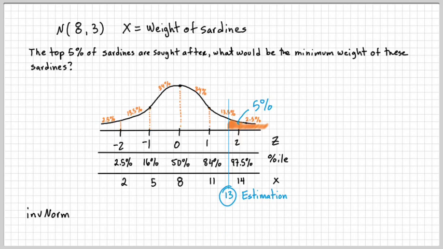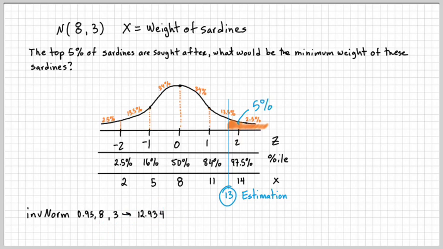So for the inverse normal, we have to put a percentile, the area below. And that area is going to be 0.95. And then 8 for the mean, 3 for the standard deviation. And look, you get 12.934.